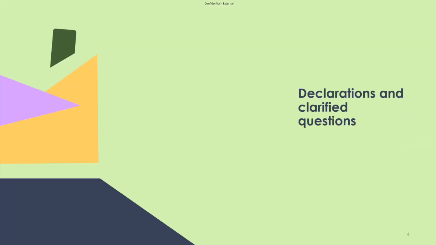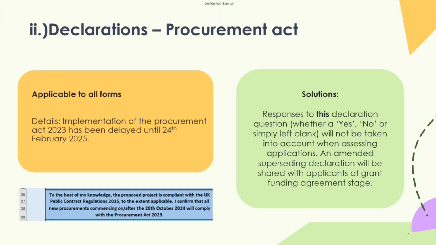So the first section we're going to talk about is some of the declarations at the beginning of all the application forms. In the declaration, there is a declaration around the Procurement Act, and this is affected in the fact that there was a delay on the Procurement Act until the 24th of February 2025.